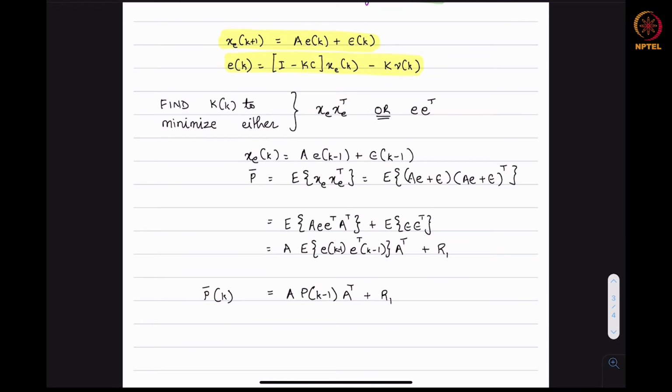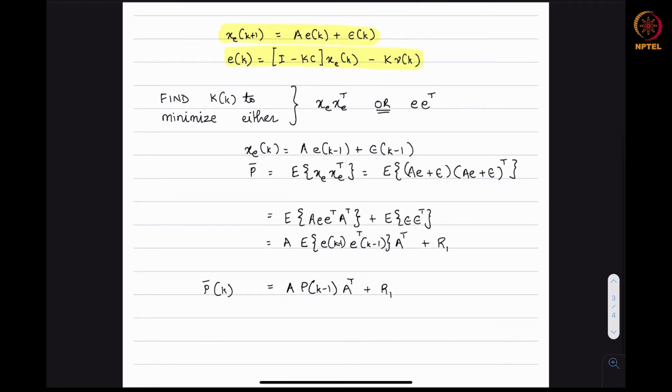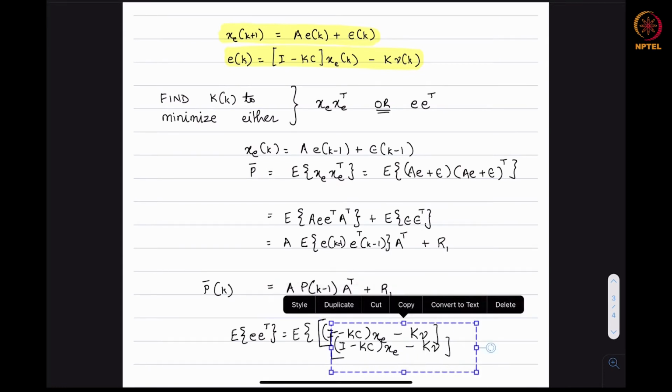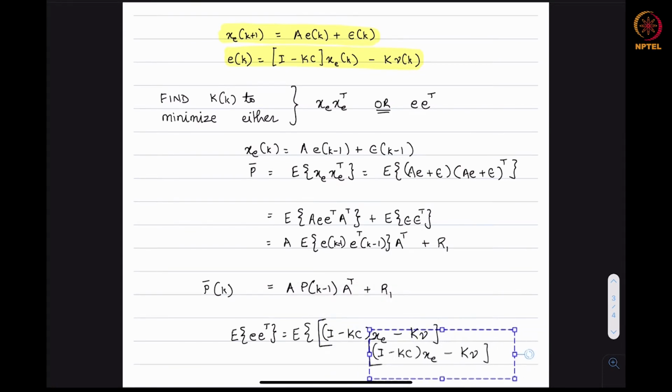Okay, now we can take this equation and write the expectation of E E transpose as equal to the expectation of (I minus K C) X E, minus K nu, multiplied by this transpose.